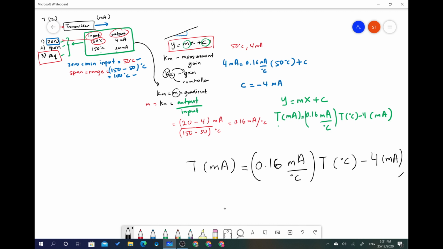So this is the calculation for this chapter.